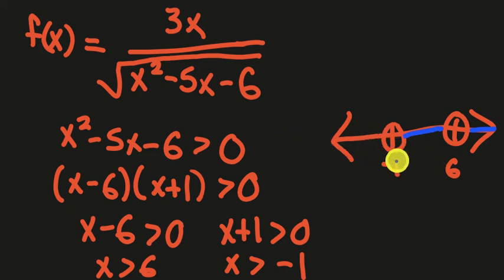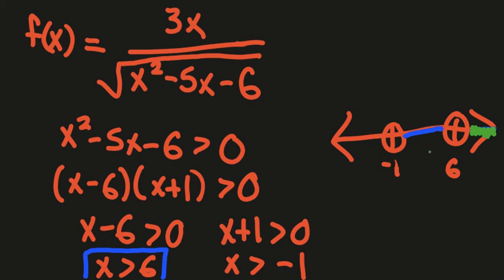So since the region near negative 1 is not included in the second inequality, that means that the only solution will be when x is greater than 6, because the two conditions need to overlap together.